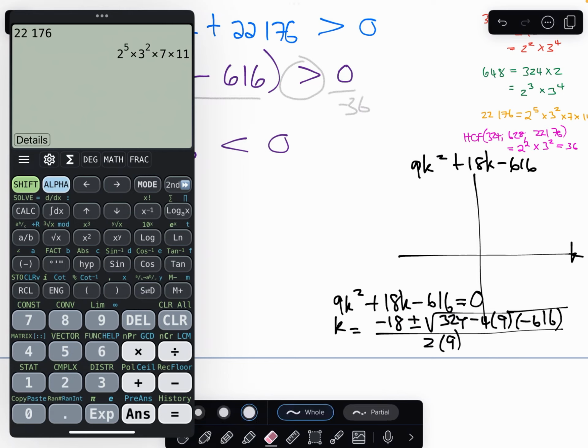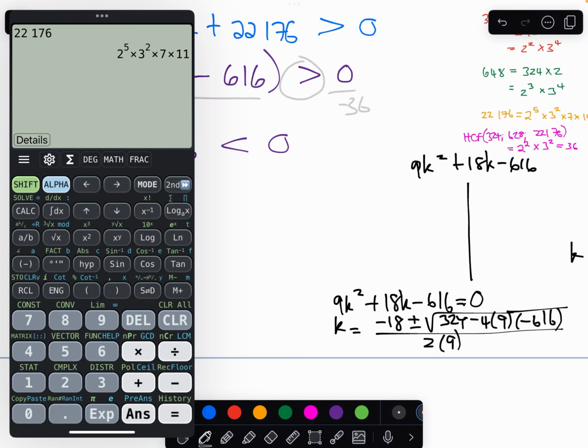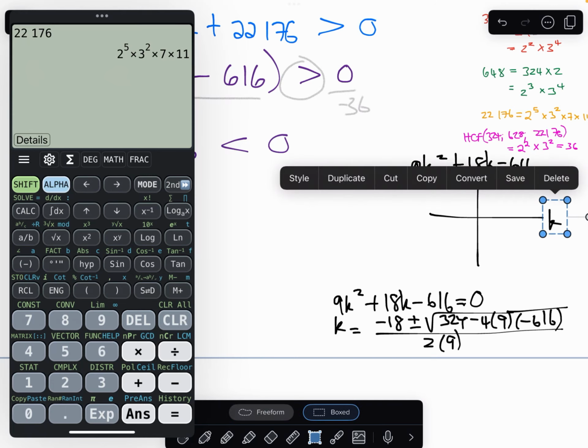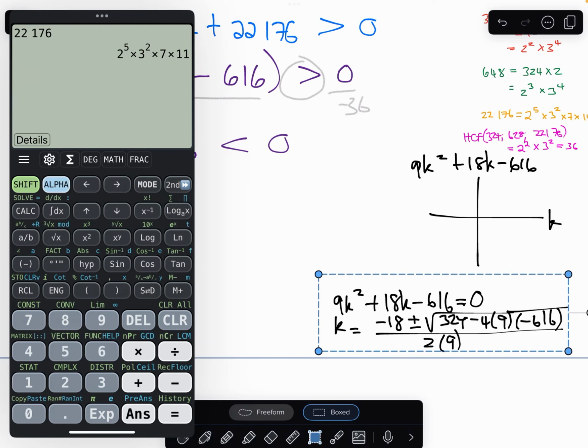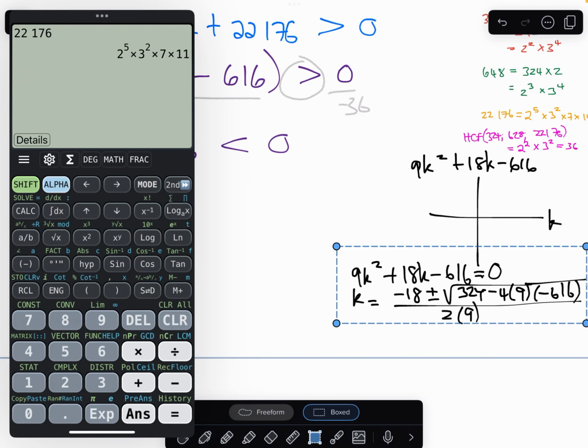Definitely going to need space. Okay, let's do it.